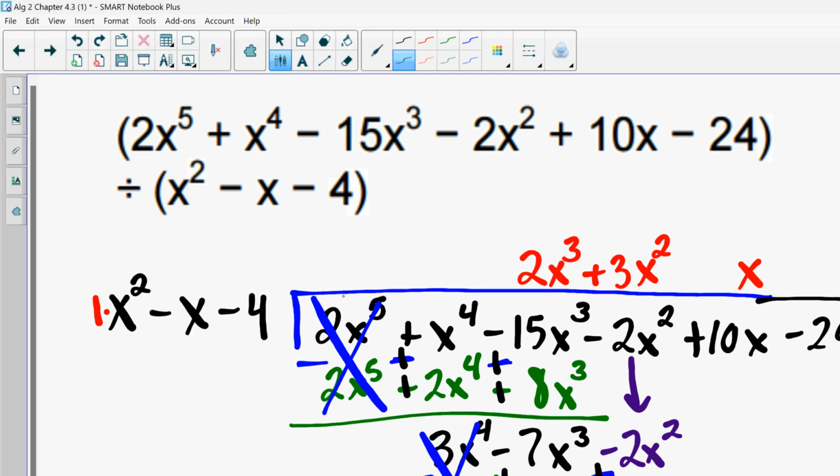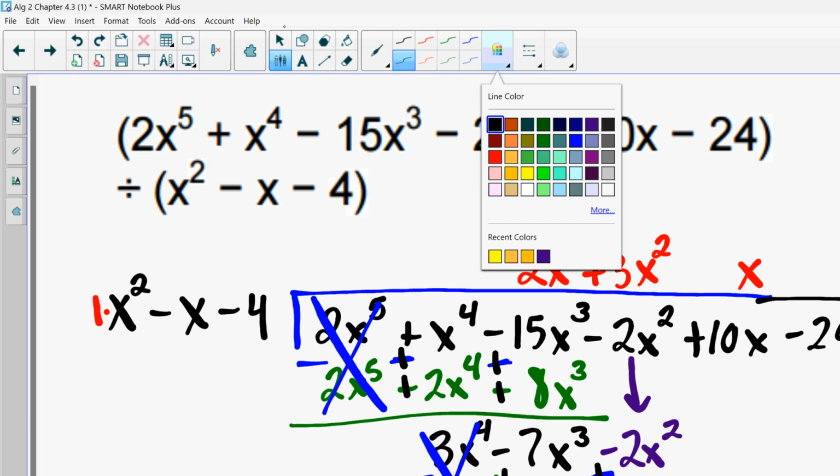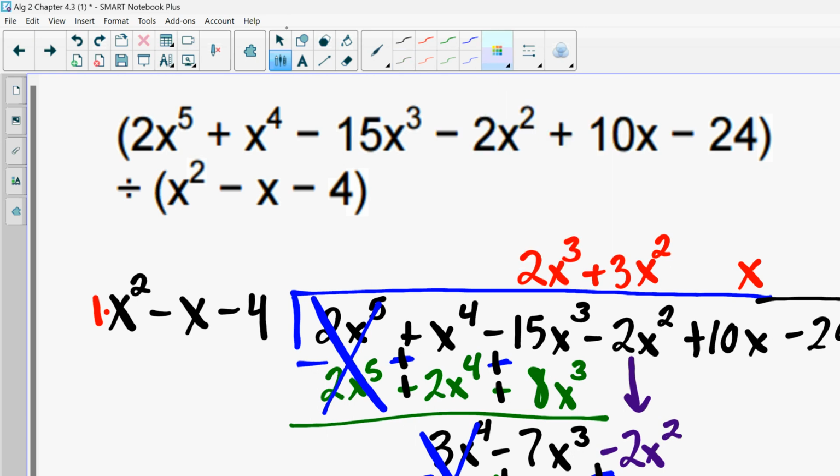Negative and negative make a plus. Negative 2x squared plus 12x squared is positive 10x squared. Then our next step would bring down the 10x.